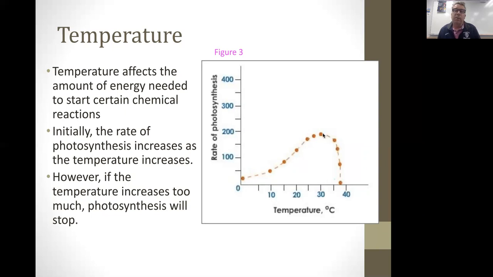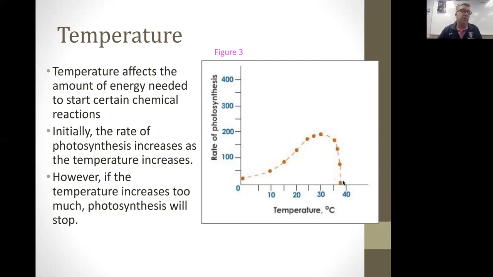Well, some proteins that help photosynthesis take place start to break down in the cell. When that happens, photosynthesis will drop off quite fast, because those things that start chemical reactions are not there anymore, so these chemical reactions will stop taking place.